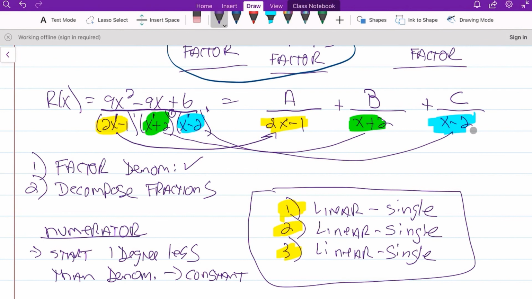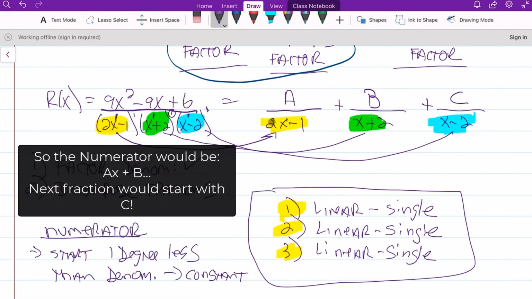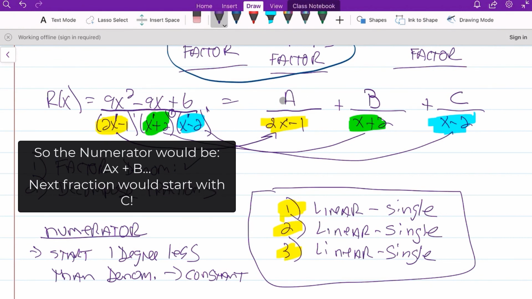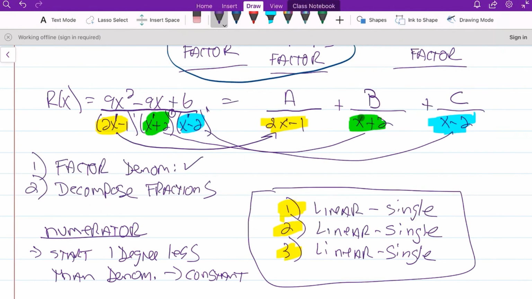So you always start your numerator 1 degree less than your denominator, and you account for all of your terms all the way down to the constant term. So when we have quadratic factors in the denominator, we're going to have to account for the linear and the constant. And if we had a cubic factor, in the numerator we would have to account for the quadratic term, the linear term, and the constant, and so on and so forth.